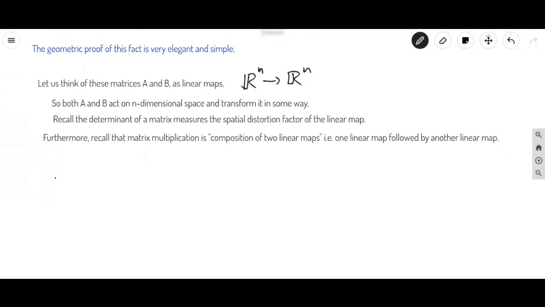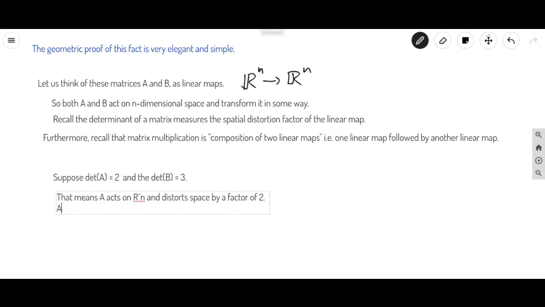So think of it like this. Suppose the determinant of A is equal to 2, and the determinant of B is equal to 3, let's say. And what does that mean? So that means A acts on Rn and distorts space by a factor of 2.